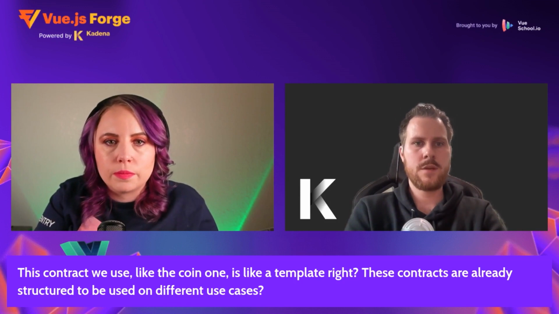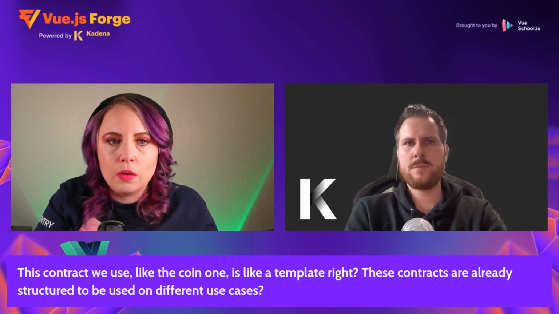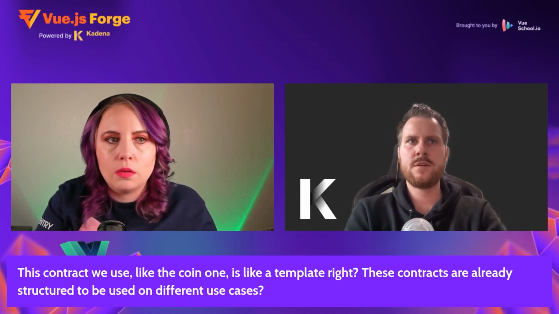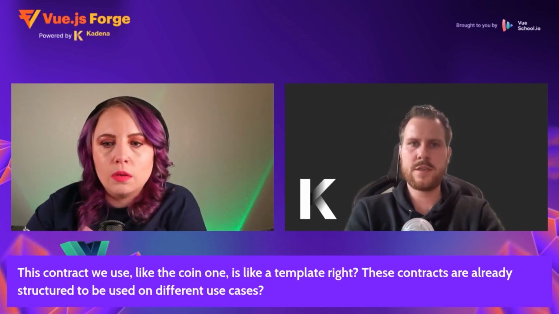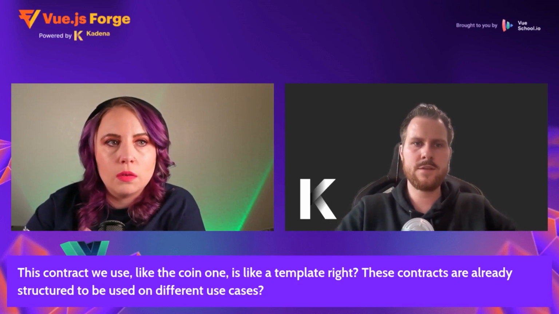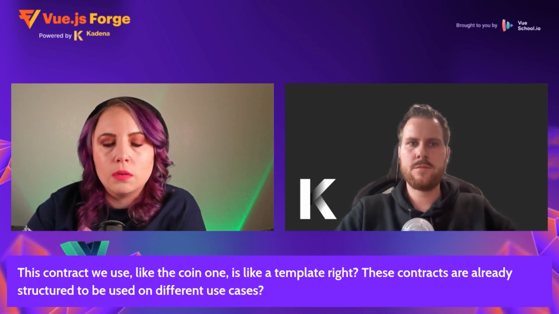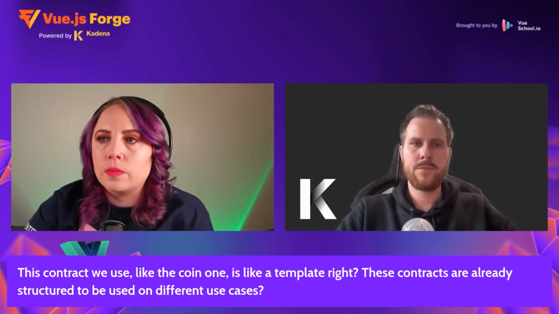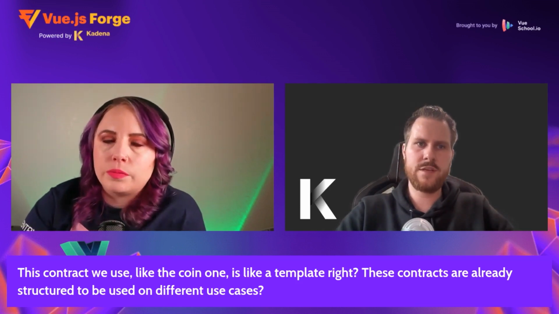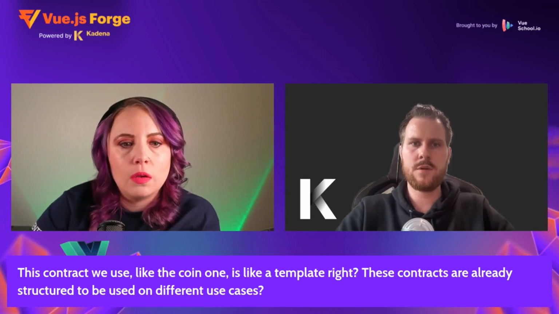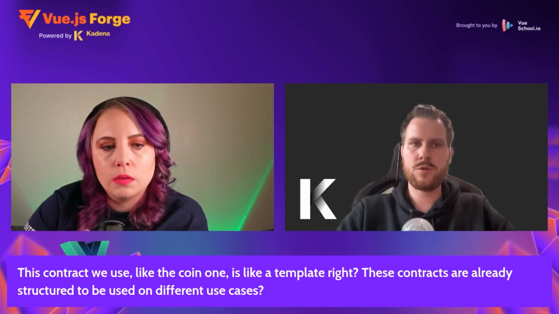But a coin can be split up into 0.0000, some bunch of zeros, 1, and then it's split up in fractions. Now, I'm not sure if I understand this right, but not all the contracts are the same. So if we look at the crowdfund contract, this one is actually built fairly differently. And it's actually really easy to read. You just have to understand a little bit about what the keywords mean.